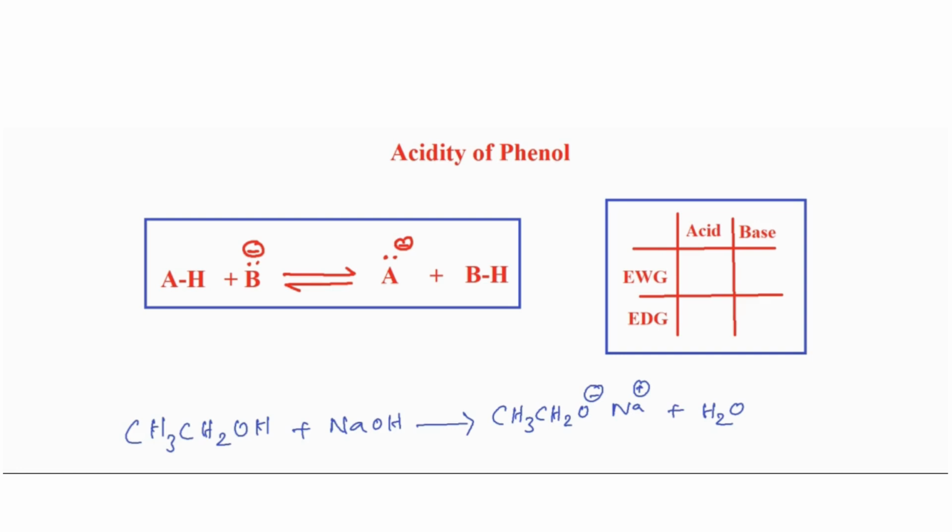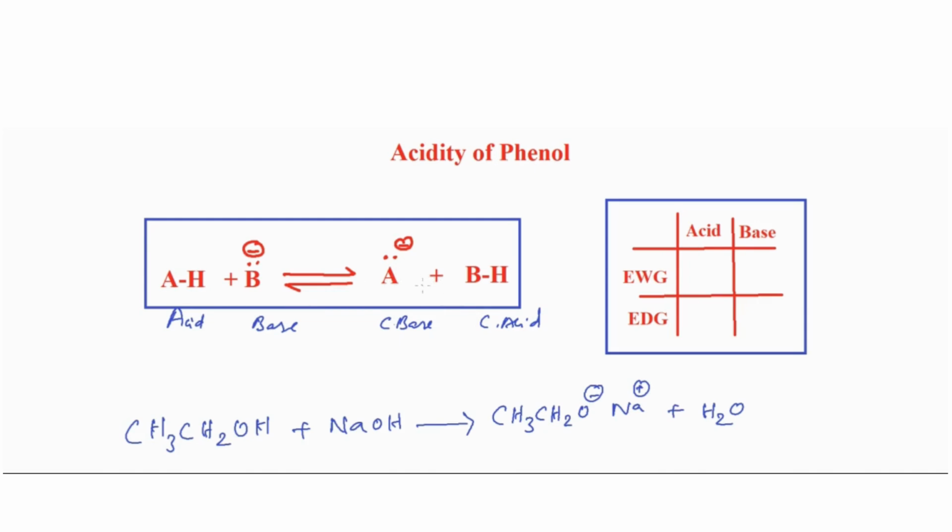As we know, in any acid-base reaction, this is an acid and this is a base, and we get a conjugate acid and a conjugate base.